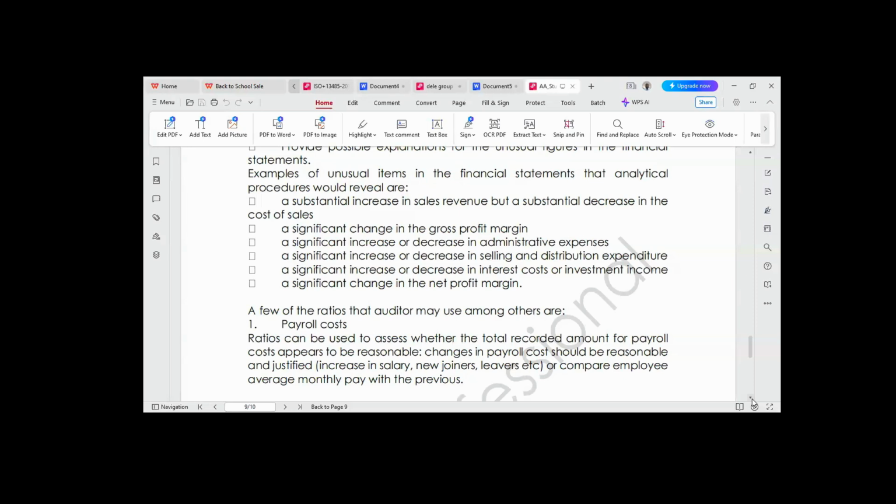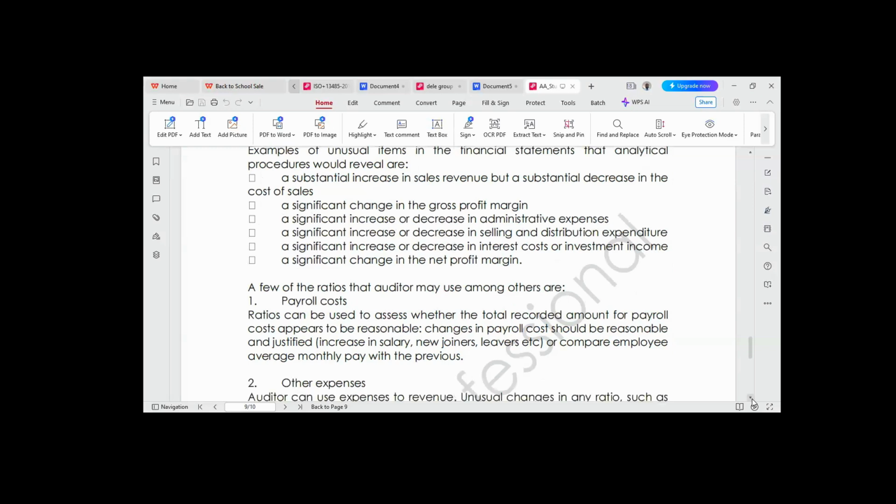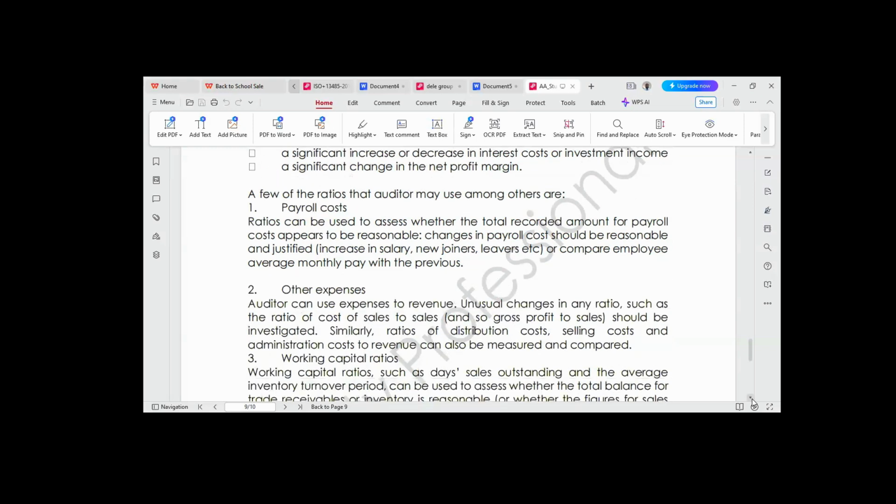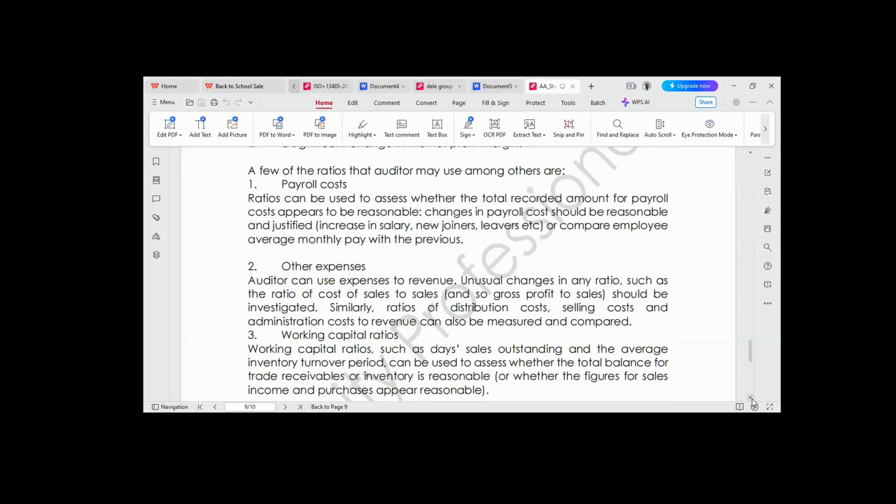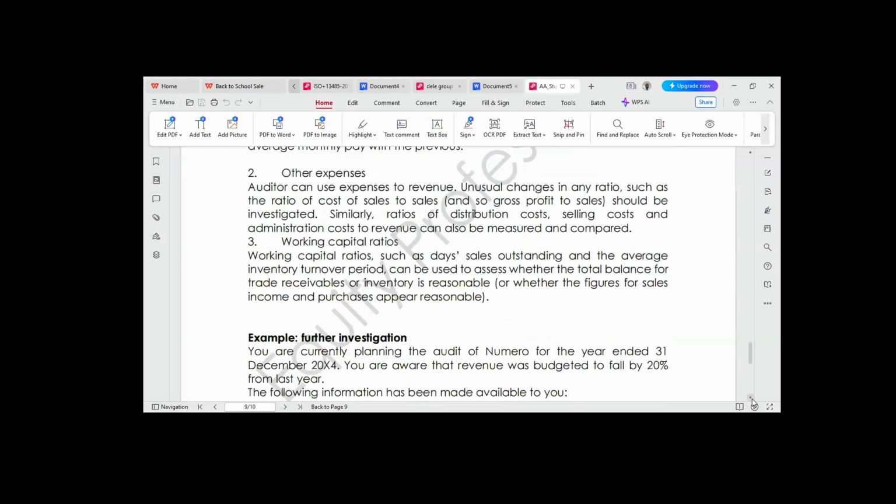You can factor your payroll vis-a-vis your net profit to see whether there's a possibility that you can increase your payroll at the end of the month. Likewise for other expenses as well. Also your working capital, your quick test ratio, your asset test ratio. You need to also test that also.